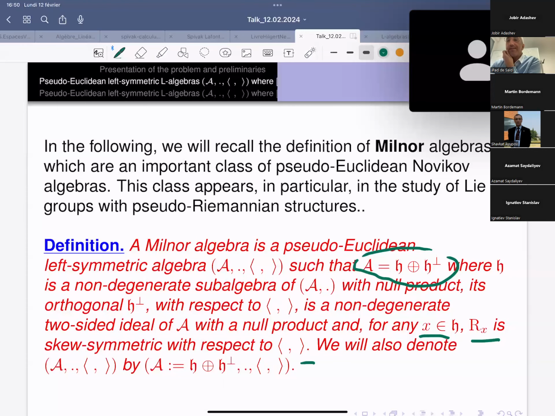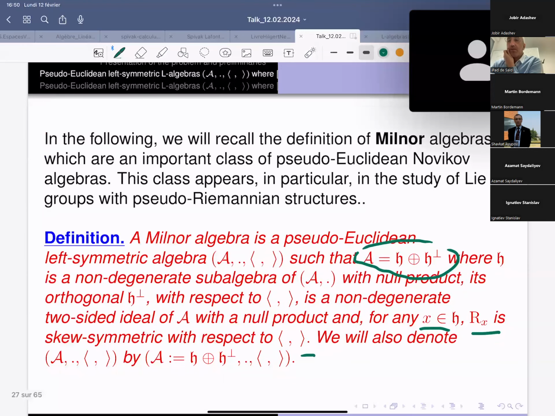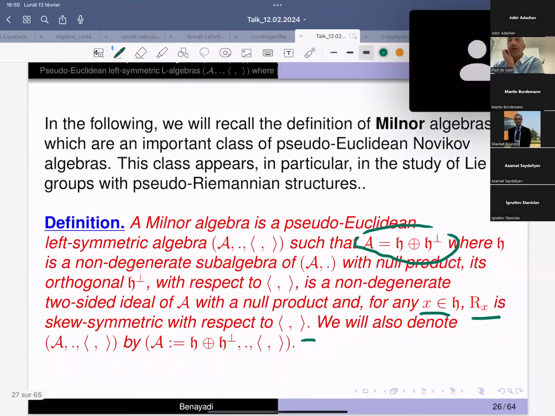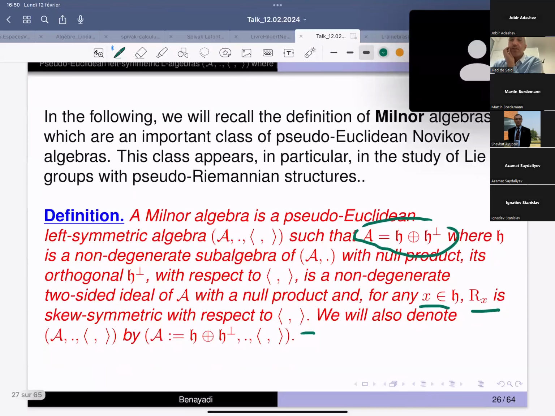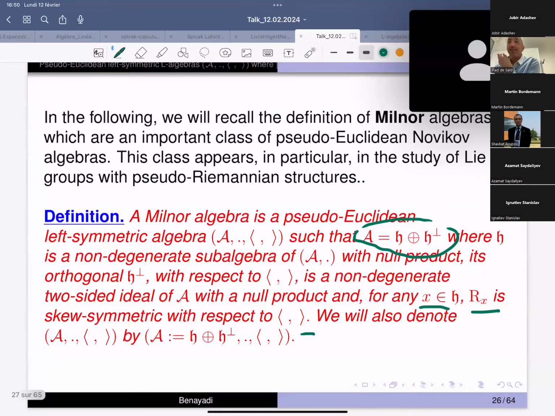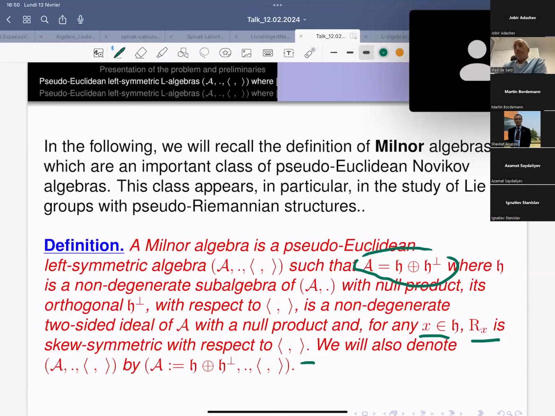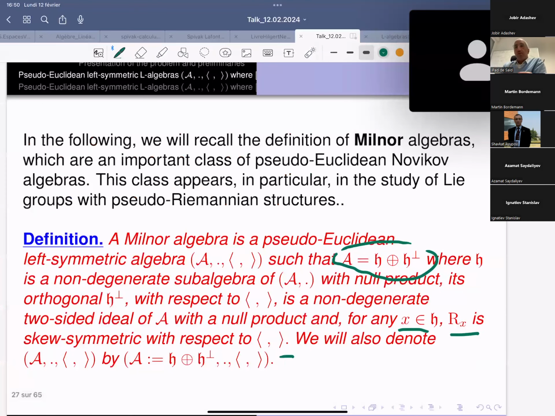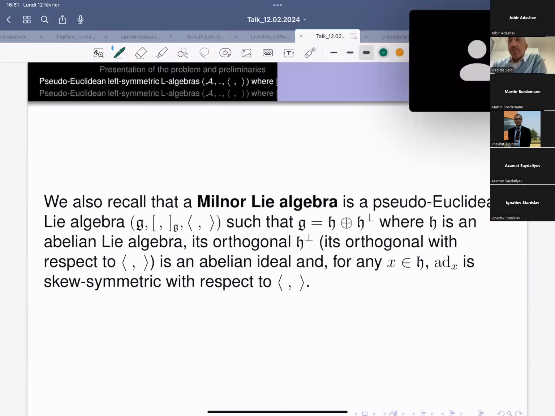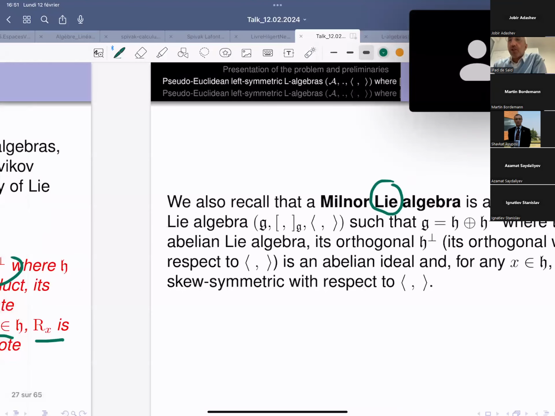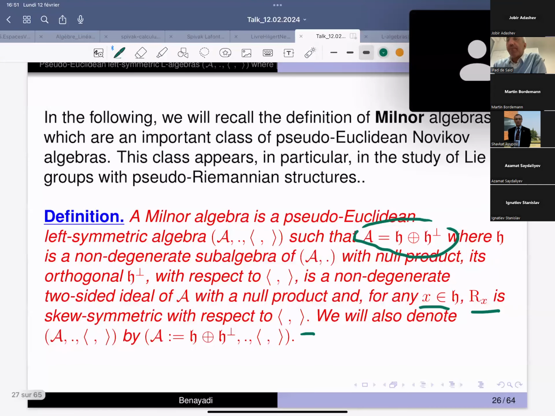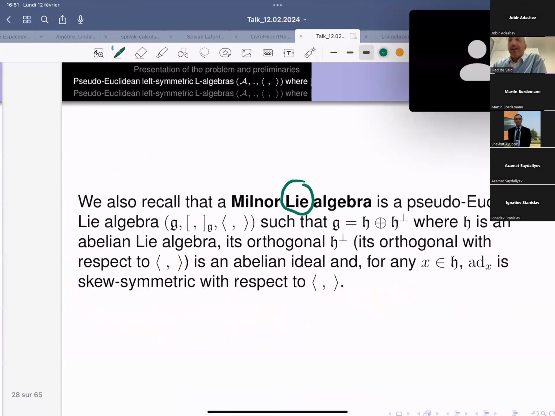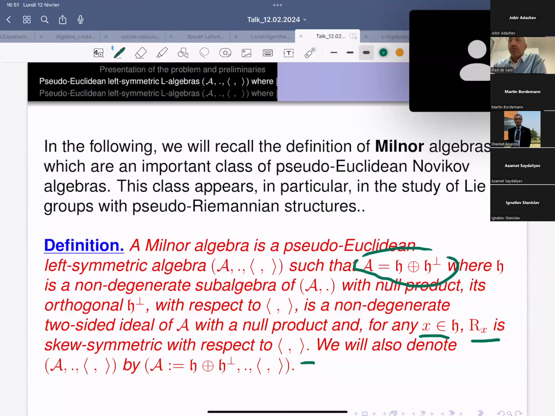This type of algebra is called minor algebra. But here we recall also that minor Lie algebra is in general a non-associative algebra. A minor algebra is left symmetric, and we have this.